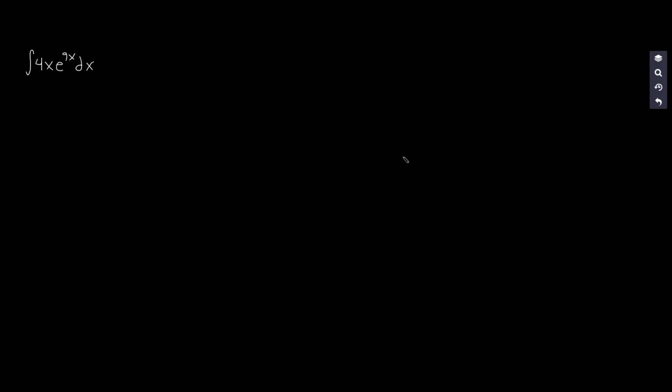All right, so this one's the indefinite integral of 4 times x times e raised to the power of 9 times x, integration with respect to x. So I'm going to go ahead and write out our formula. All right, so we have to figure out what we're going to set u to and what we're going to set dv to. I think we're going to set u to 4x because it's algebraic.